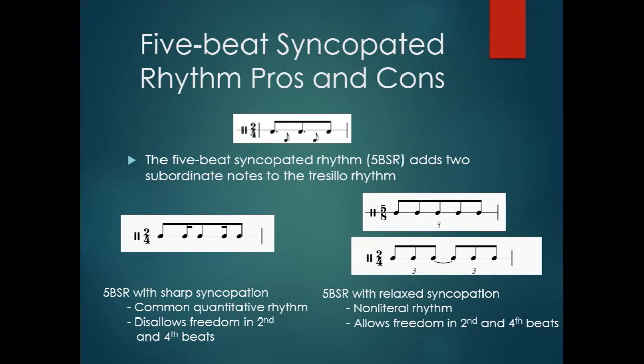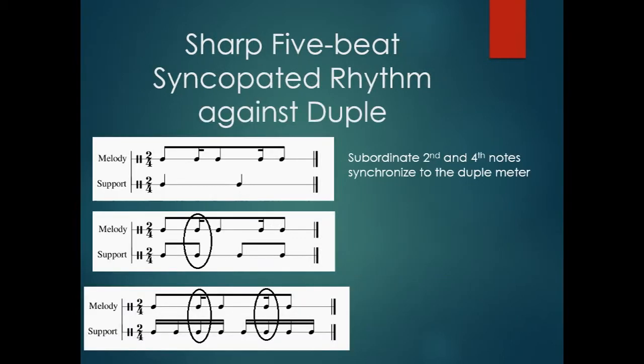With the 5-beat syncopated rhythm with relaxed syncopation, it's a non-literal rhythm and has freedom in the 2nd and 4th notes. Now, if we analyze these rhythms and how they interact with duple rhythms, in this example I've taken the Senkio rhythm and placed it against duple rhythms.